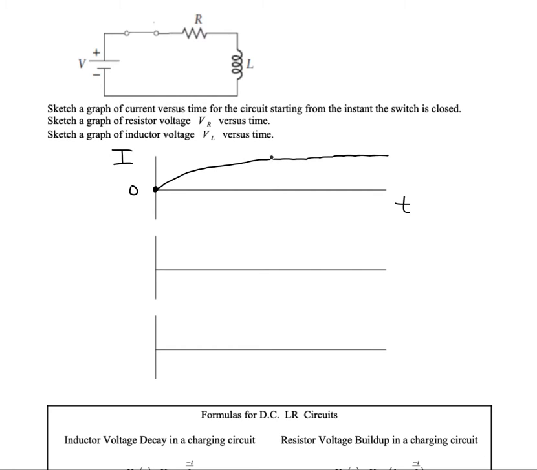It's worth noting that this is the opposite of what happened in an RC circuit. In an RC circuit, current started up high and it decayed to 0. But for an inductor, the current will start down low and build up to what could be called I max, the maximum current allowed.